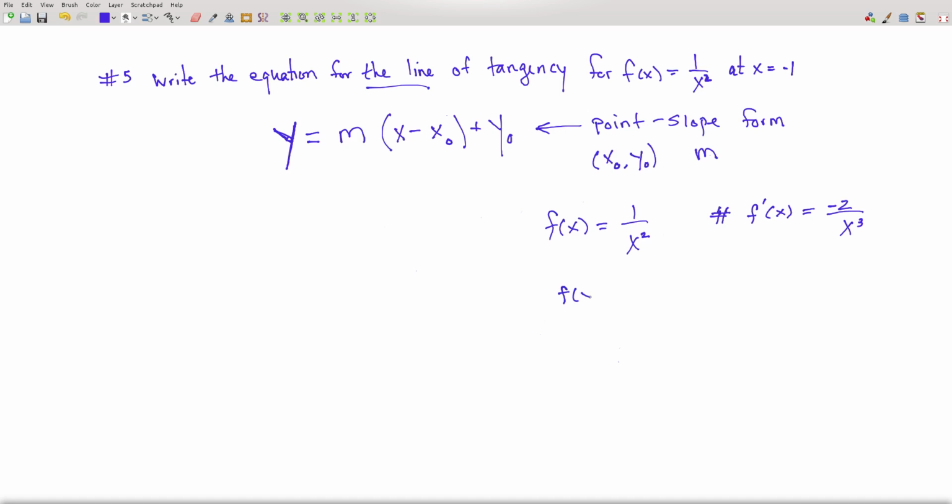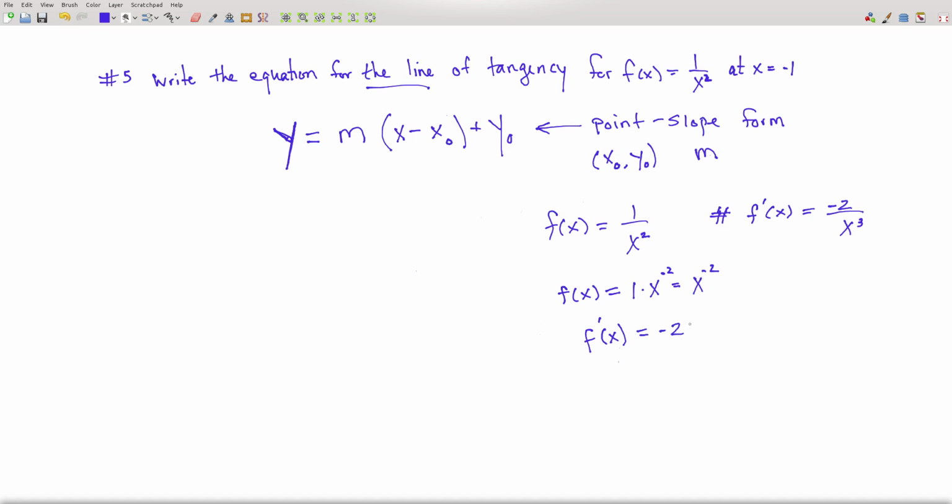If you need to find it yourself, I suggest you rewrite f of x. 1 over x squared is the same as 1 times x to the -2, right? So that is x to the -2, and this lets us find the derivative using the power rule. The derivative of f of x is, take that -2 and bring it down.